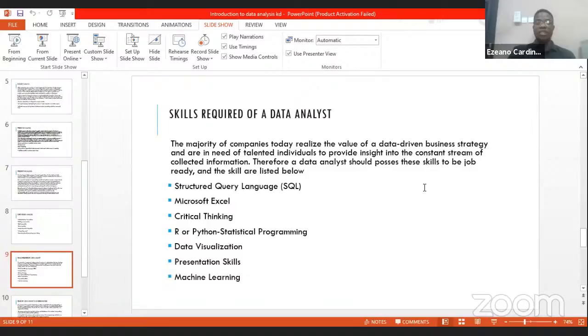A data analyst should have knowledge of Python or R statistical programming, data visualization, and machine learning. So these are the skills required of a data analyst. And when a data analyst gets every one of these, that is when he or she is job ready. So go to the next.